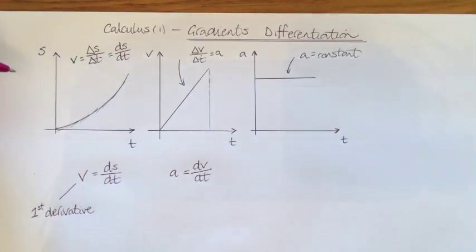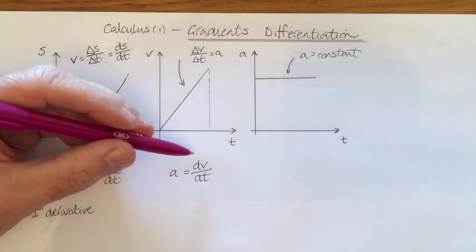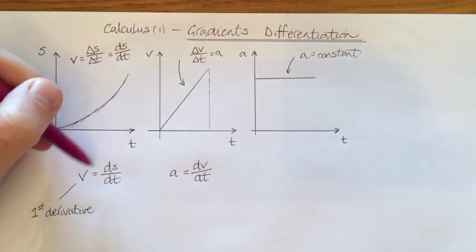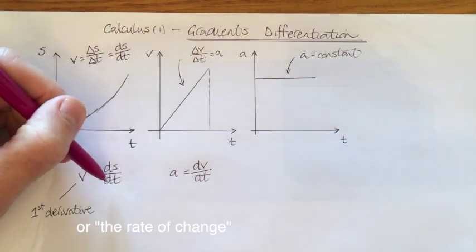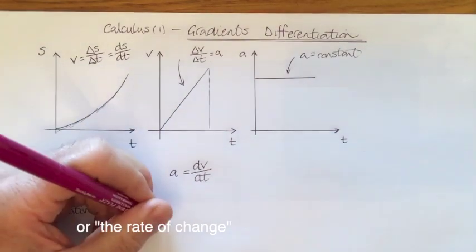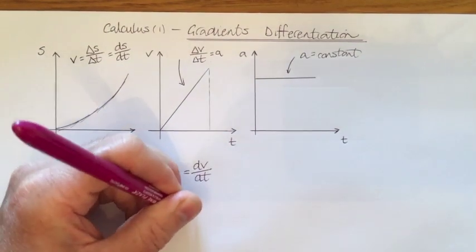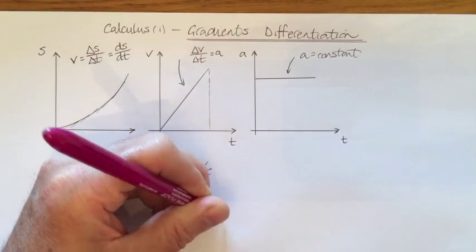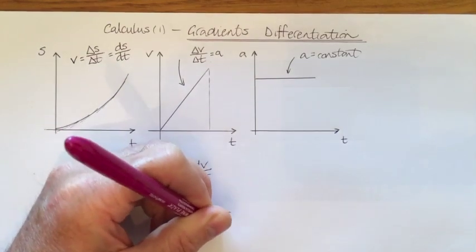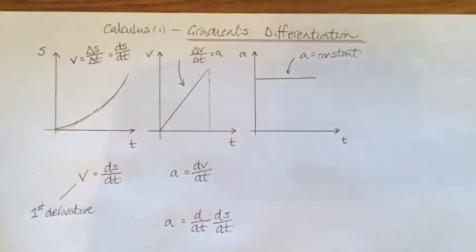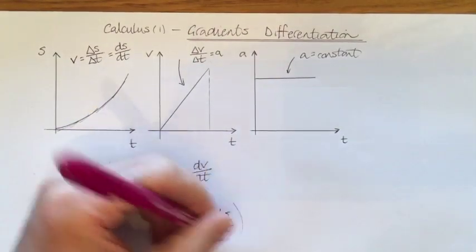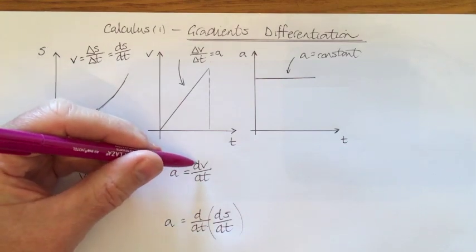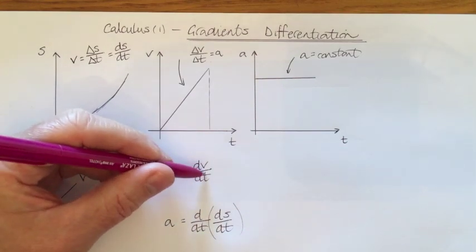We can combine these two because if acceleration is the change in velocity over a period of time and velocity is the change in displacement over a period of time, then we can say that acceleration is the change in displacement. If I put brackets around that, it's probably easier so you can see that acceleration is the change in velocity over a period of time.